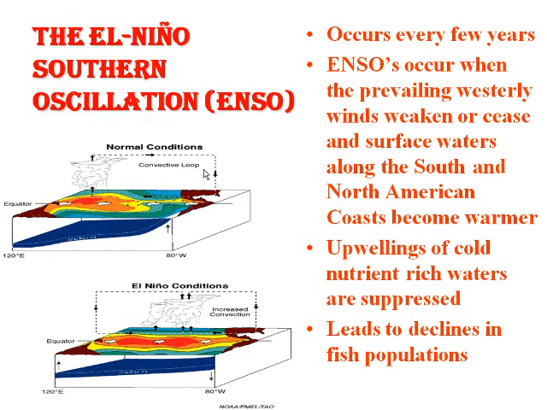So essentially it's an oceanic condition. So this, you see the normal conditions where you have stuff moving around, convective loop, keeping everything going, and you have upwelling happening where it's supposed to happen, and then in El Nino you see the increased convection, and you miss that upwelling.